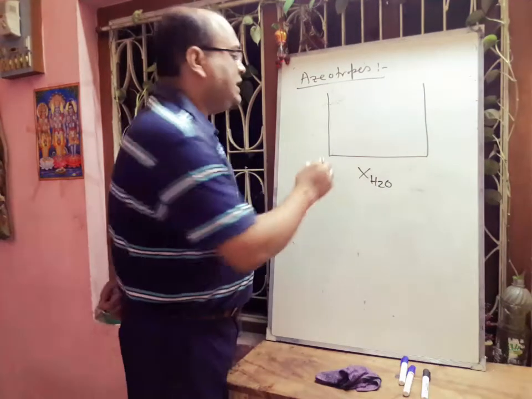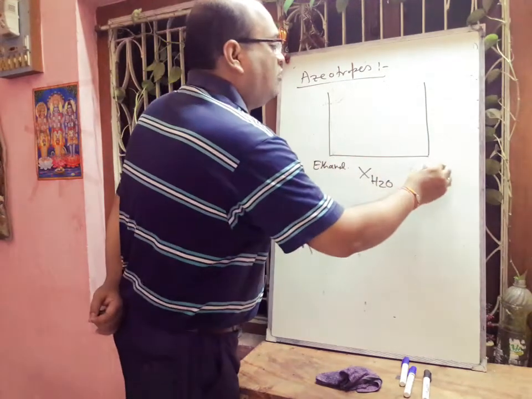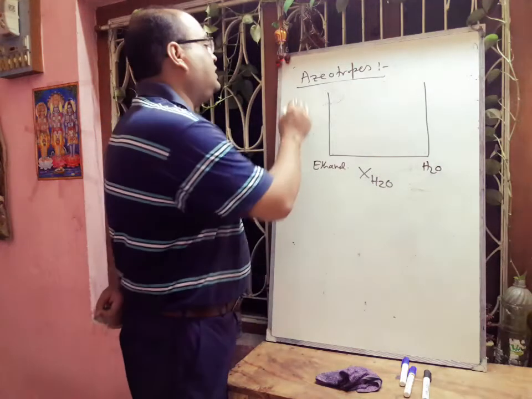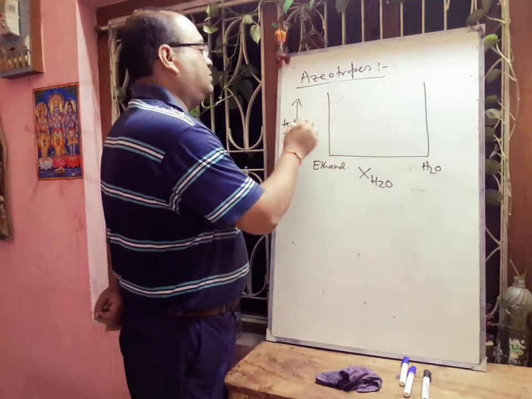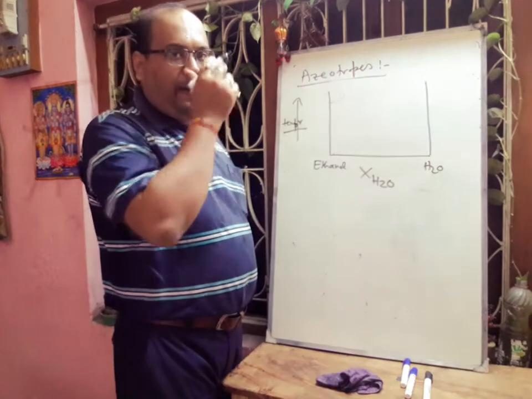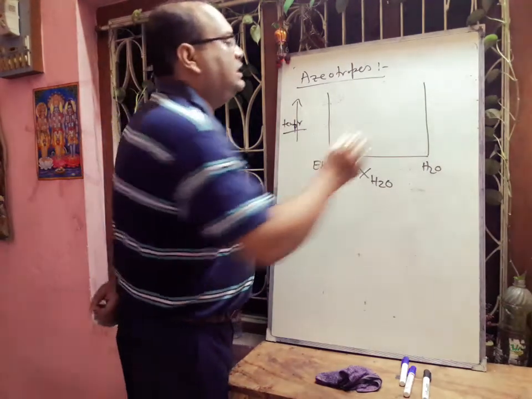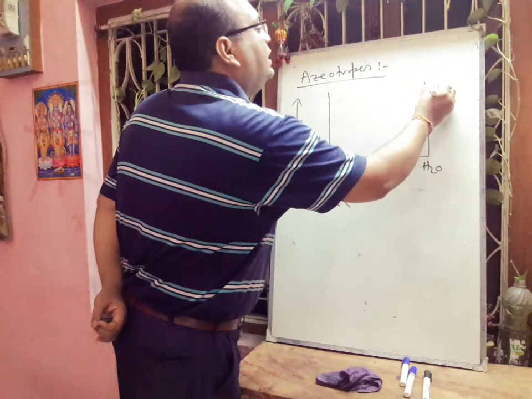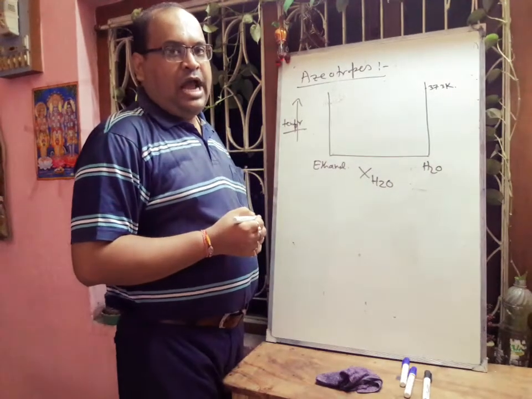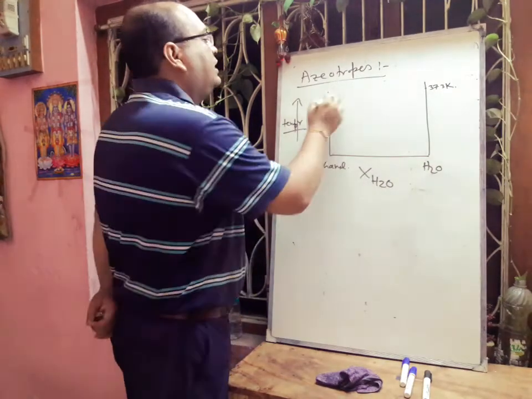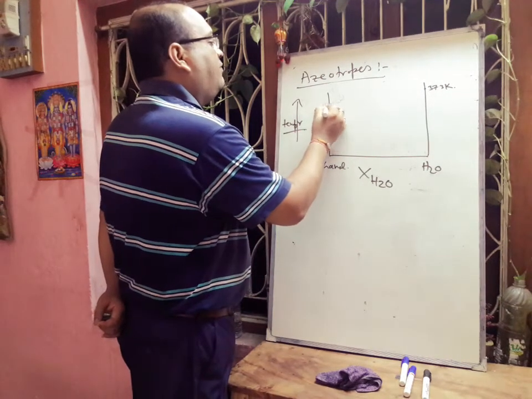Now this side is ethanol and this side is water, and this one is the temperature. In case of water it is 373 Kelvin, that is the boiling point, and in case of ethanol it will be 351.5 Kelvin.